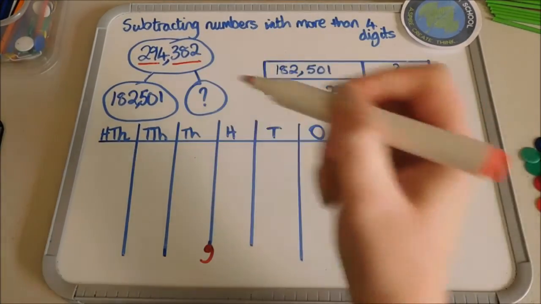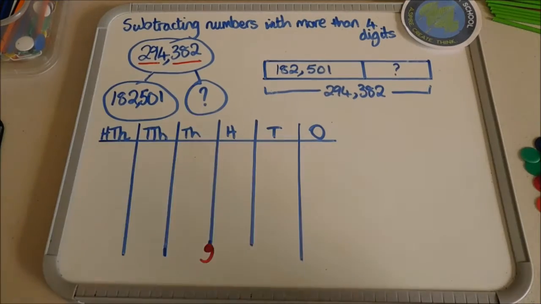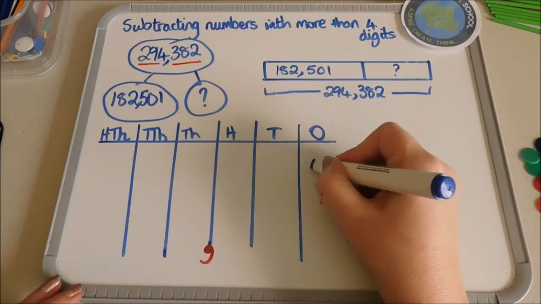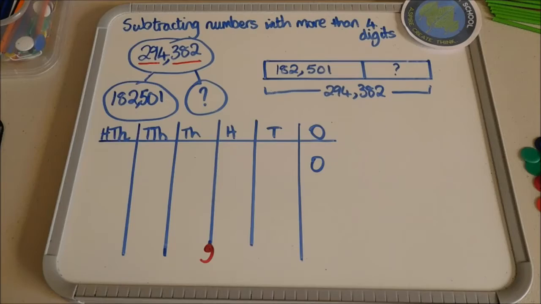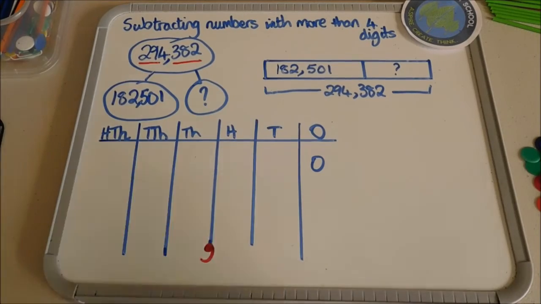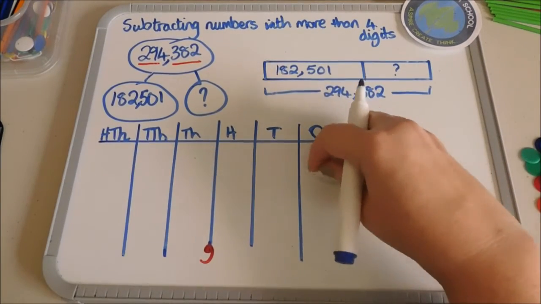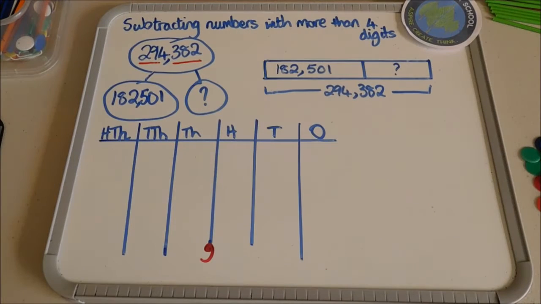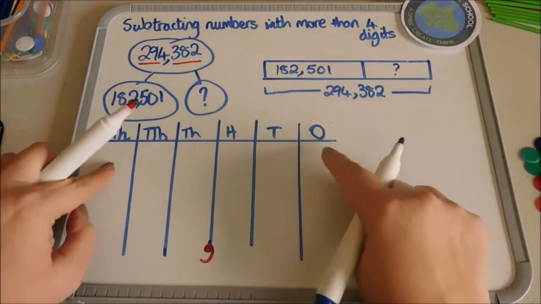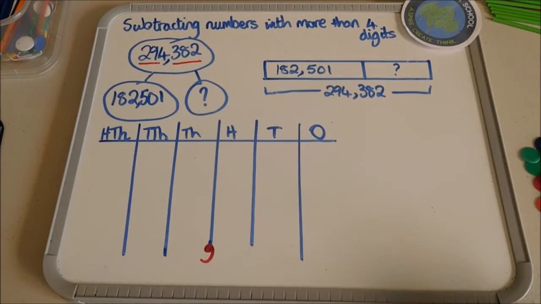Okay, so let's put in my shape. Again, I would avoid using circles because it can confuse the children and make it look like a zero. At this stage, you might have children who are still using counters or dried pasta or paper clips or anything like that to represent the numbers in the place value grid. That's fine. Or you could draw shapes.